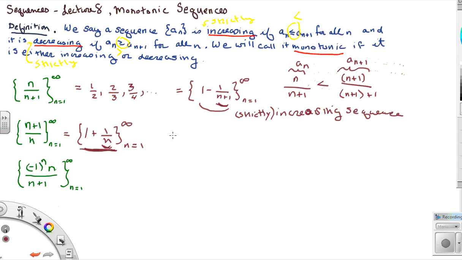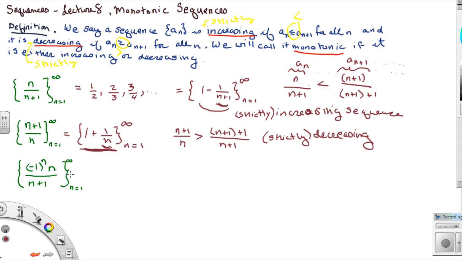In fact, strictly decreasing. So n plus 1 over n is strictly bigger than the next term in the sequence, which is n plus 2 over n plus 1. So we get a strictly decreasing sequence here.